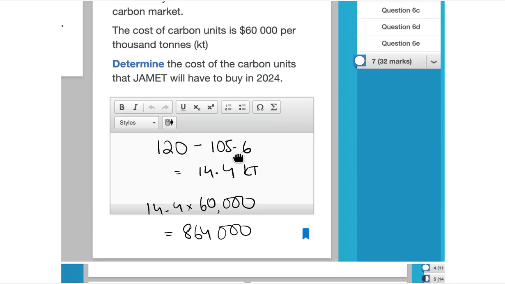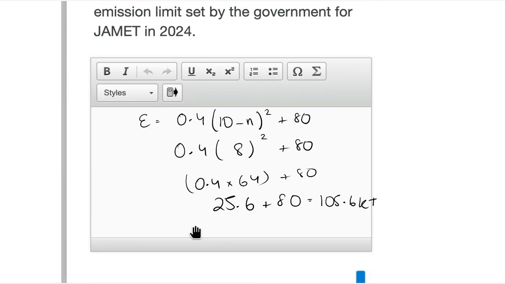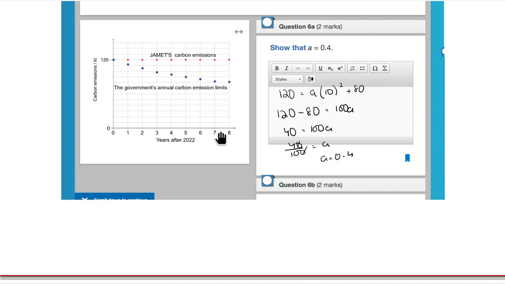Okay. So if you look at the graph above, the limit that was set by the government was this one. What number is this? So this is 10, 20, 30, 40, 50, 60, 70, 80, 90. No, I'm saying something wrong. 3, 4, 5, 6, 7, 8, 9, 10, 11, 12.